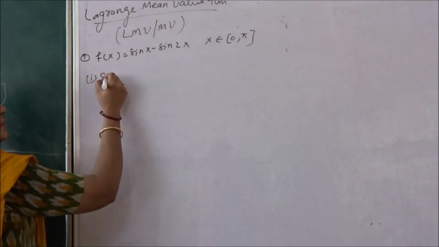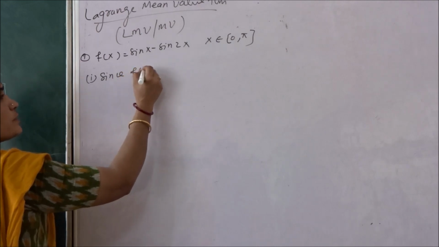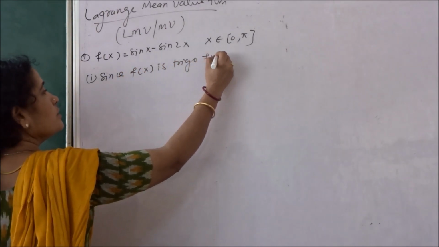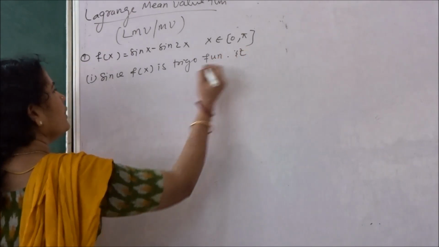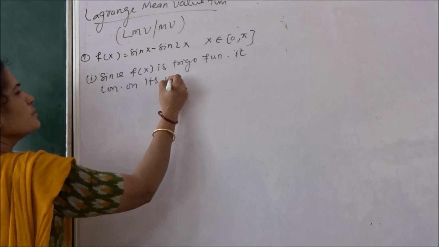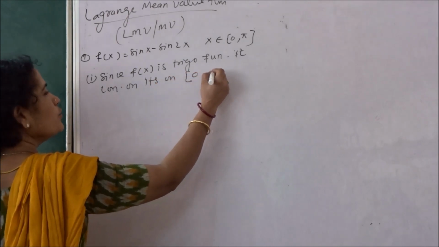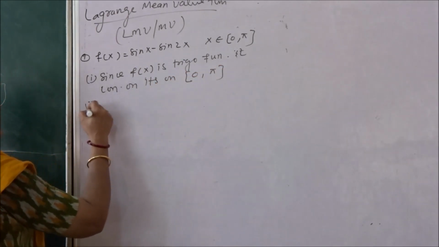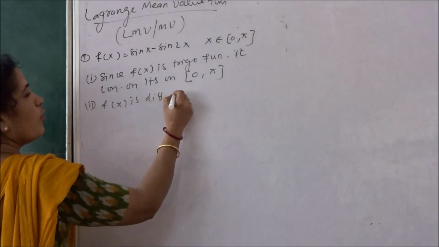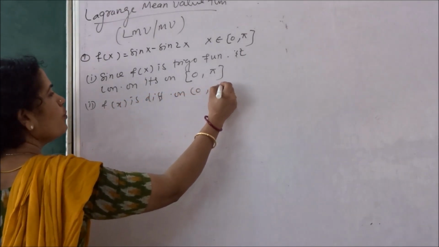Number one, since f of x is a trigonometric function, it is continuous on its domain, which means the closed interval 0 to pi. Number two, f of x is differentiable on the open interval 0 to pi.